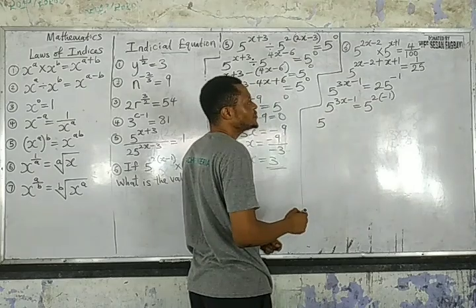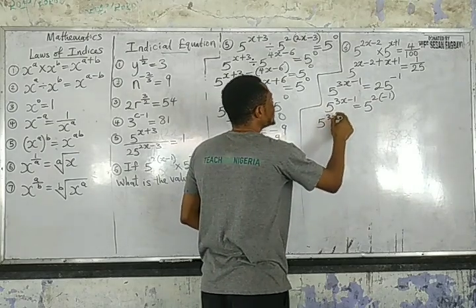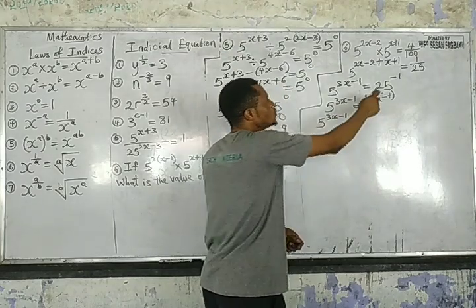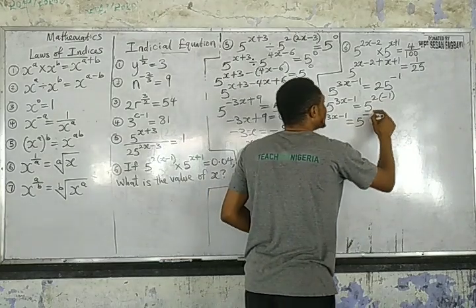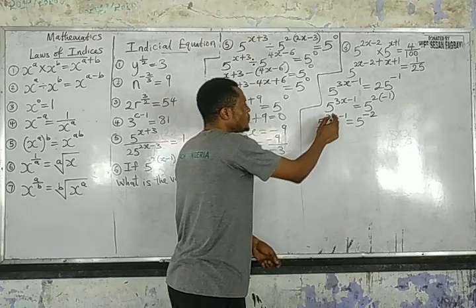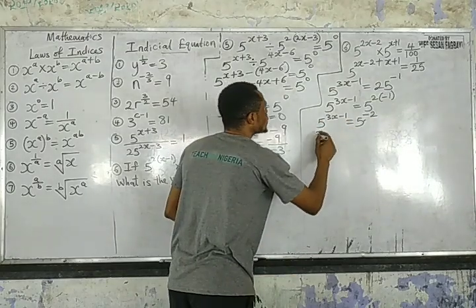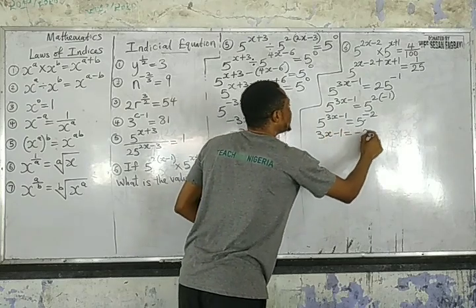We now have 5 raised to power 3x minus 1 equal to 5 raised to power, 2 multiplied by minus 1, it becomes minus 2. Now, 5 can equal 5. So, we have 3x minus 1 equal to minus 2.